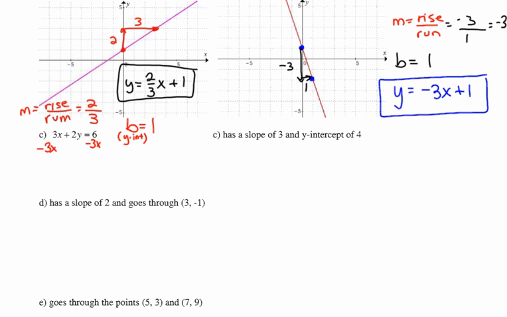On this side, you'll be left with 2y because the 3x minus 3x cancel. Equals, and usually we write the x first and then the constant. So I'm going to write negative 3x plus 6 instead of 6 minus 3x, because you'll notice in the formula mx plus b, the x goes first and then the constant. And then one more step to get y by itself. Divide by 2.